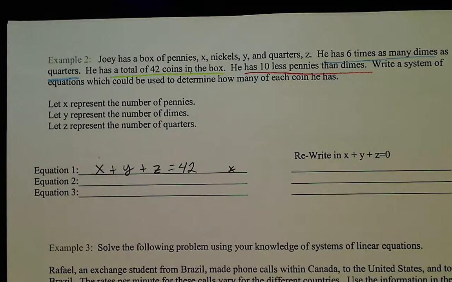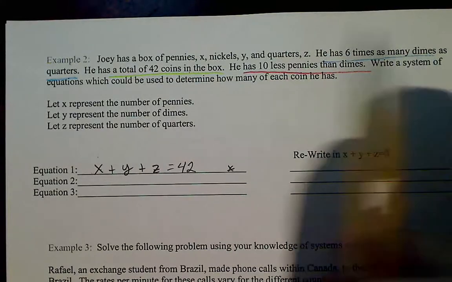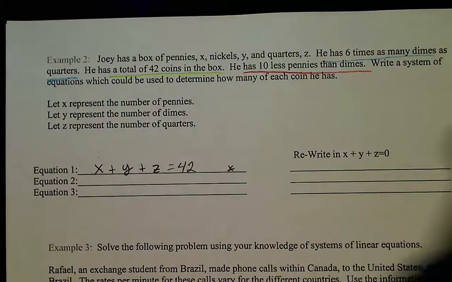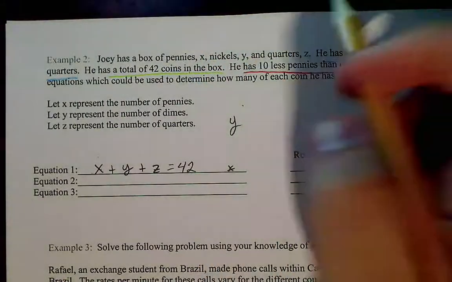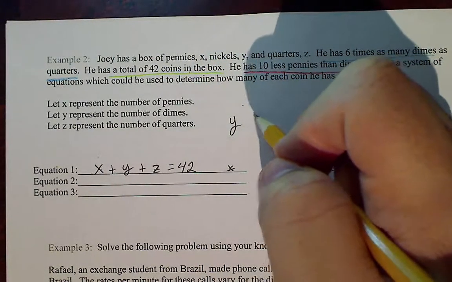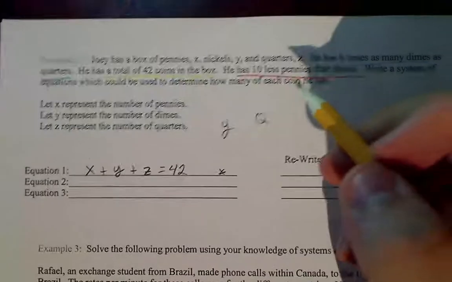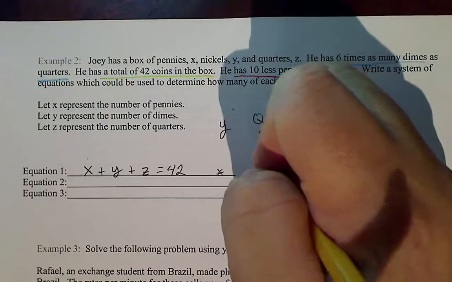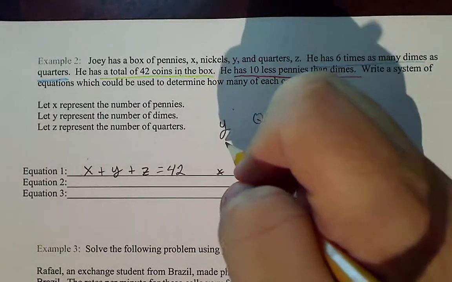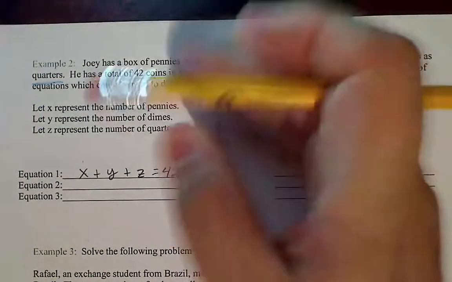Okay. So the next thing I'm going to look at is where it says he has 6 times as many dimes as quarters. Well, we know we have dimes as Y. I'm going to write it up here, and we know we have quarters. So basically what it's saying is this. If I had 5 quarters, then I would have 30 dimes. And I don't know why I wrote a Q, truthfully.